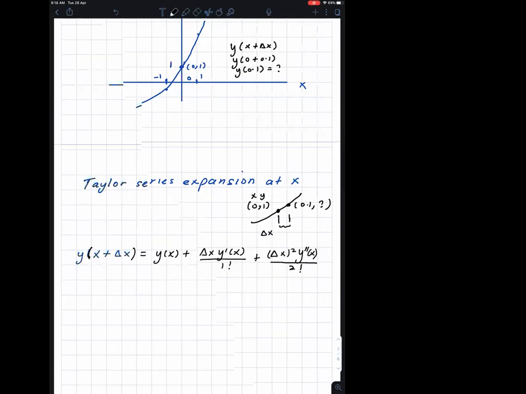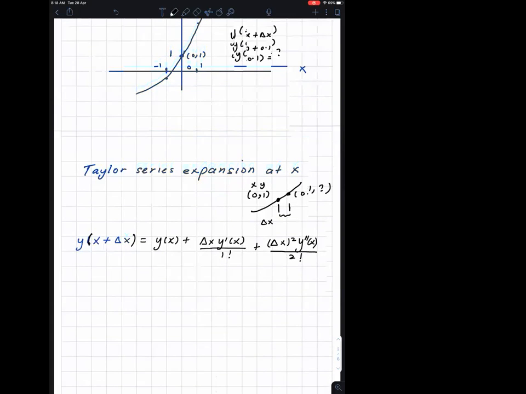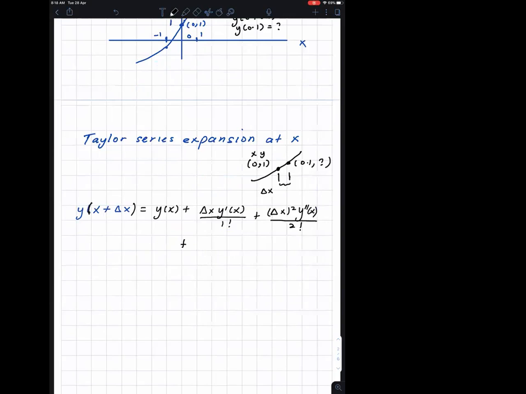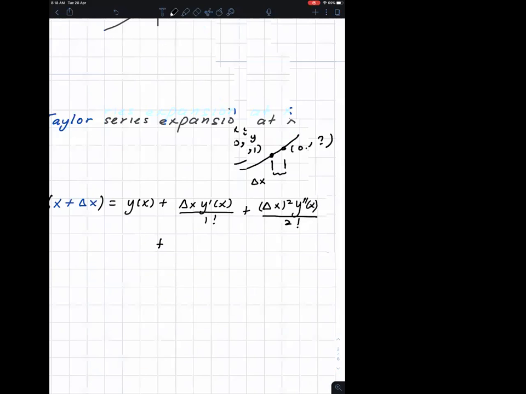That's the general formula, but this is sufficient if you want to do just a second order Taylor series expansion when you have y prime and y double prime.